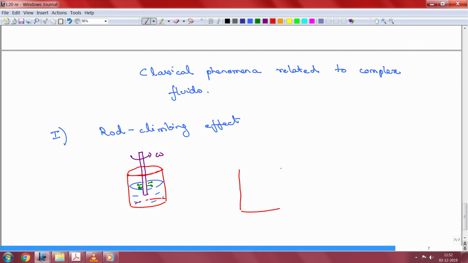But let us say you instead have a beaker full of a polymeric fluid.